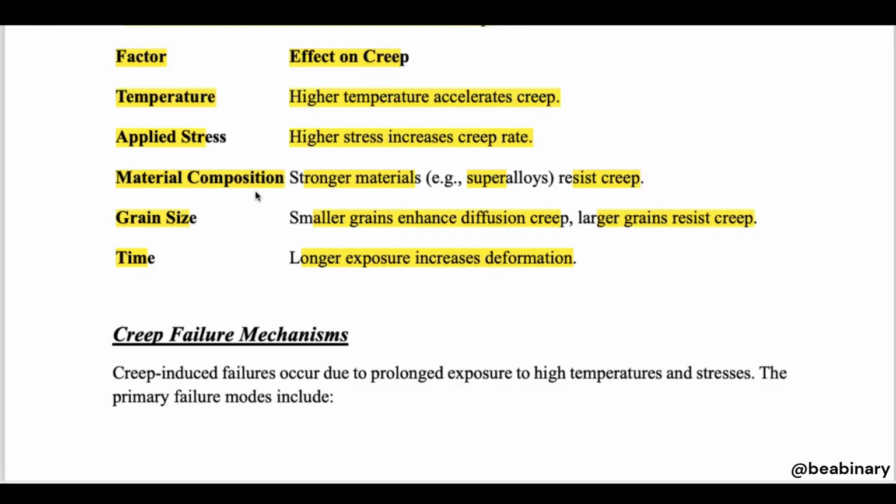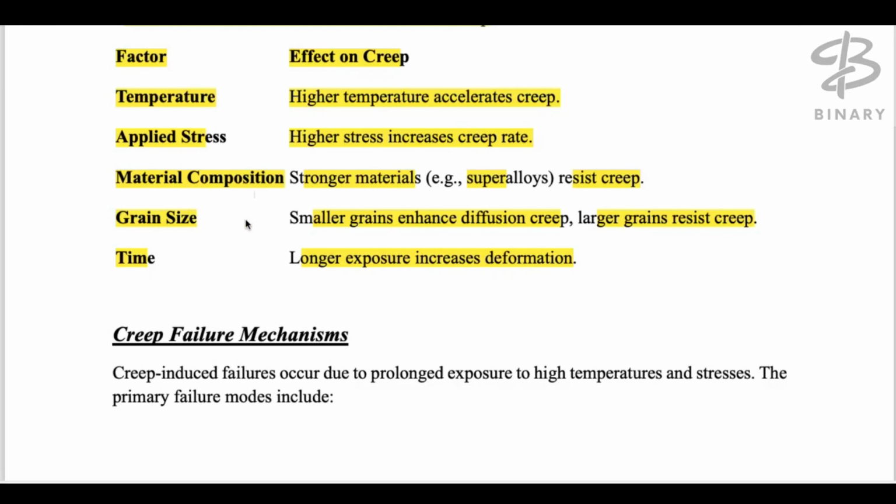But one thing you need to memorize is grain size. If the grain size is smaller, it increases diffusion creep, and if the grain size is larger, it resists creep. You must keep this in your head, because it is not very obvious.